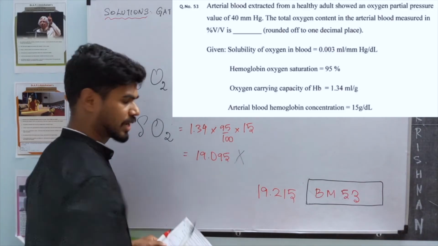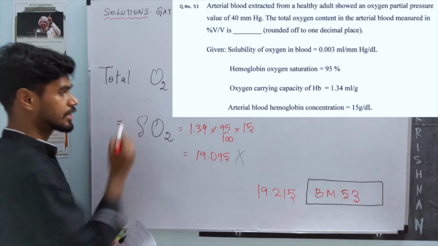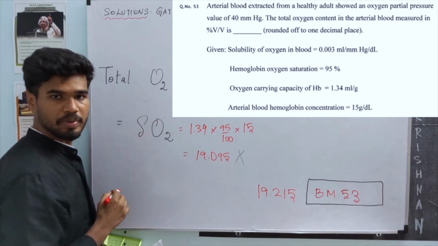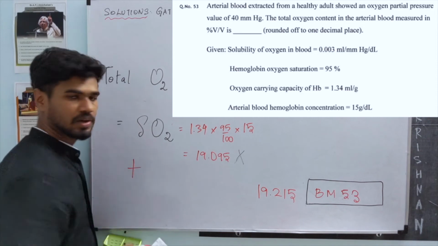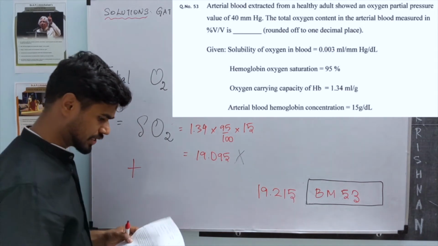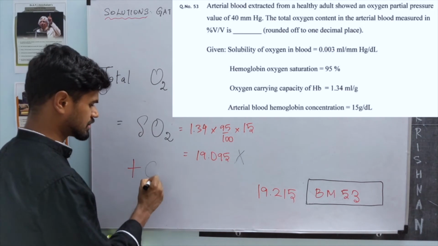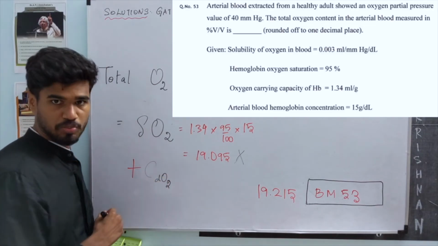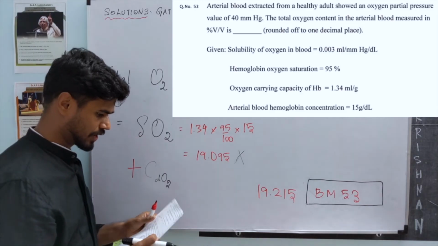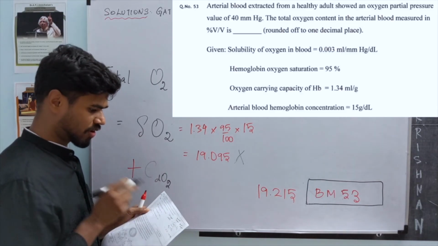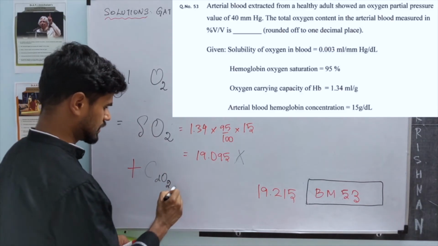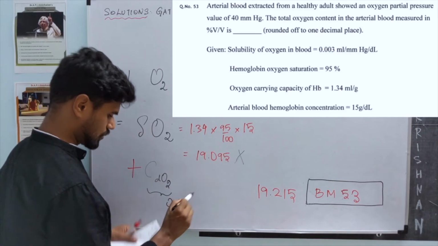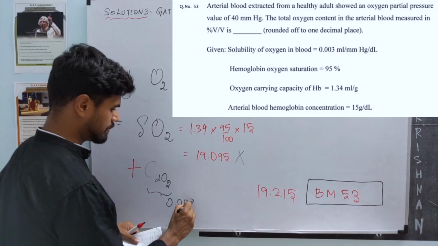Because the total oxygen content in the blood is the amount of oxygen bound to the hemoglobin plus the amount of oxygen dissolved in the blood, which is usually a small component, but for this problem even that matters. So the solubility of oxygen in blood equals 0.003 per mmHg.